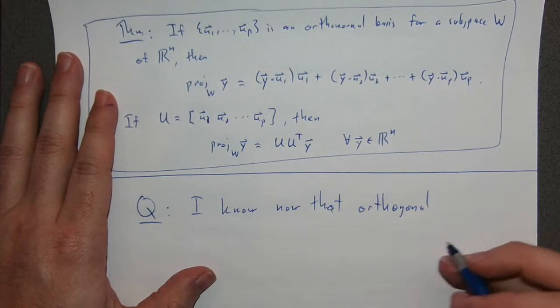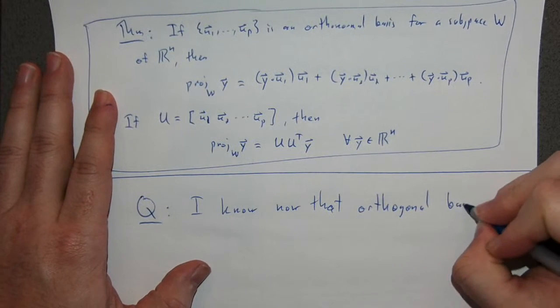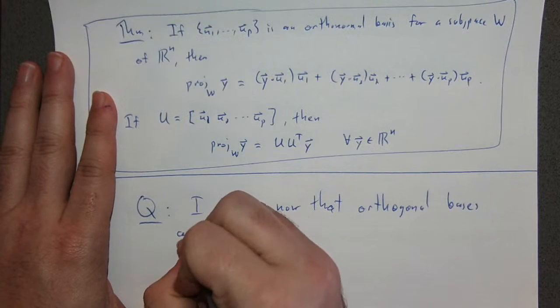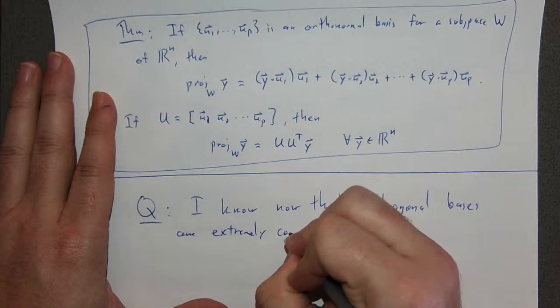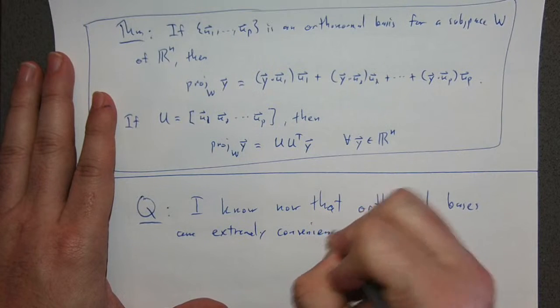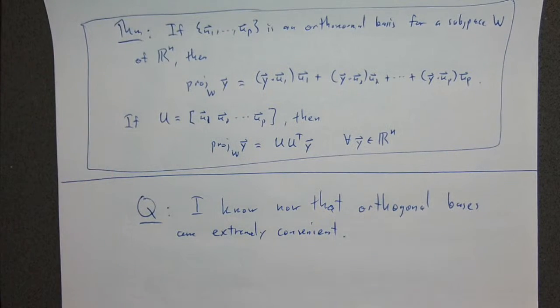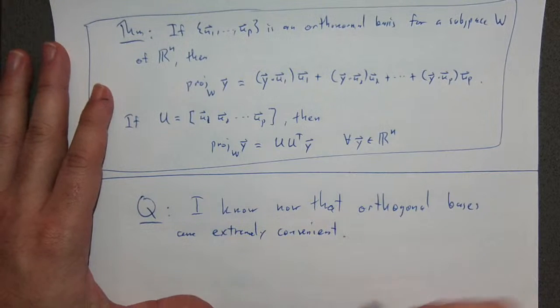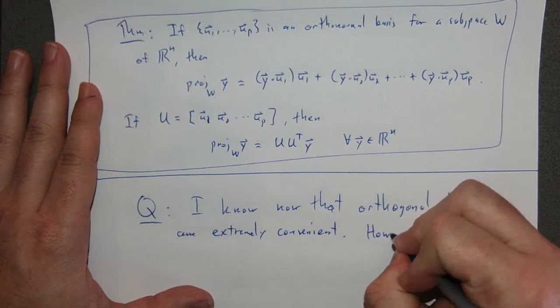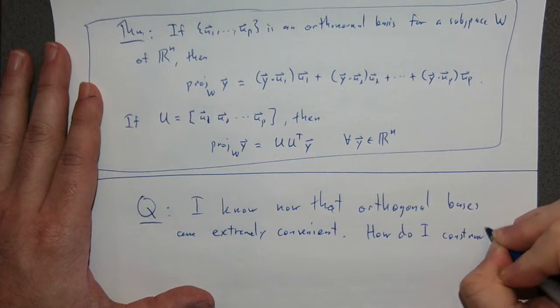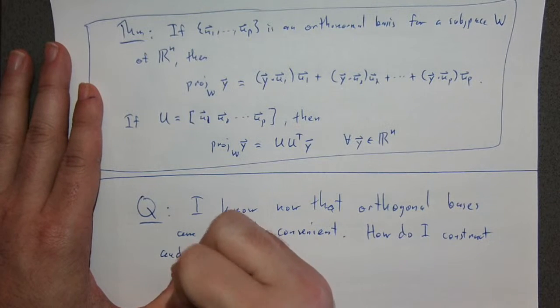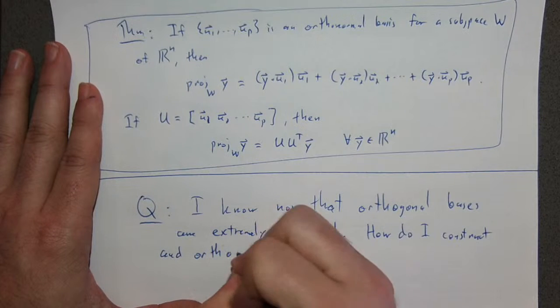So we know now that orthogonal bases are great, right? They are extremely convenient. They allow these computations to be done very, very easily compared to a generic basis. The big question, though, is how do I construct an orthogonal basis for a vector space?